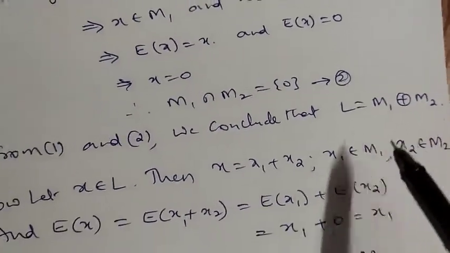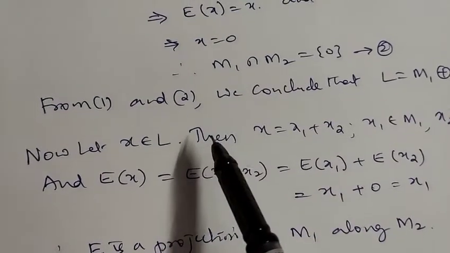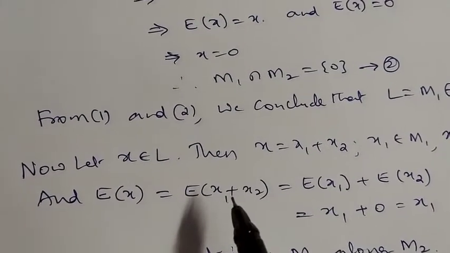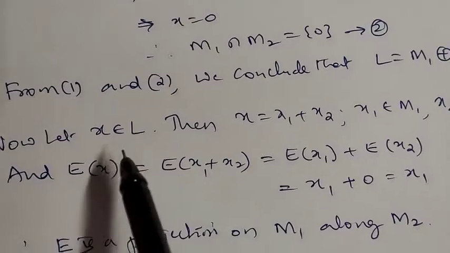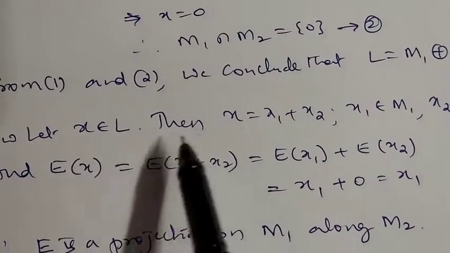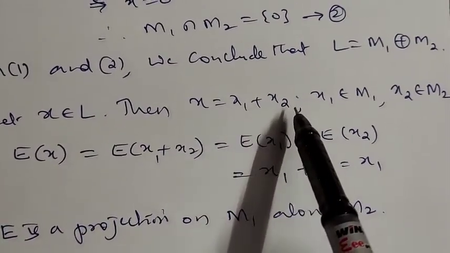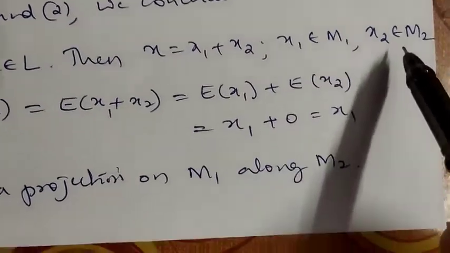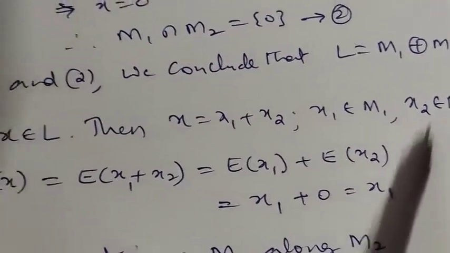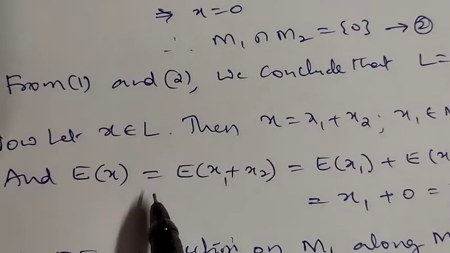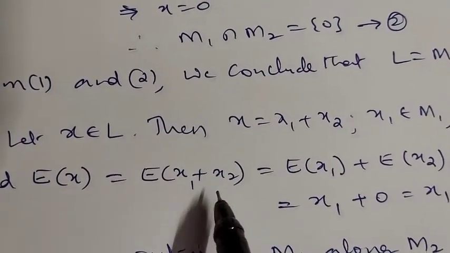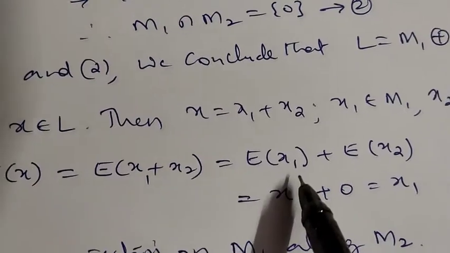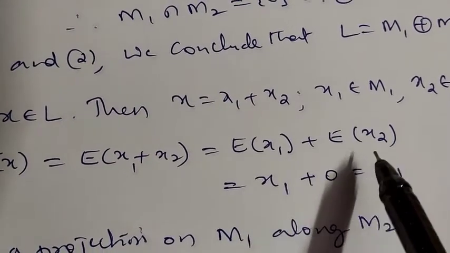Now let us show that E is a projection on M1 along M2. For this, let x belong to L. Then x can be written as x1 plus x2, as we have just shown, where x1 is an element of M1 and x2 is an element of M2. Now consider E of x. E of x is equal to E of x1 plus x2, which is equal to E of x1 plus E of x2.